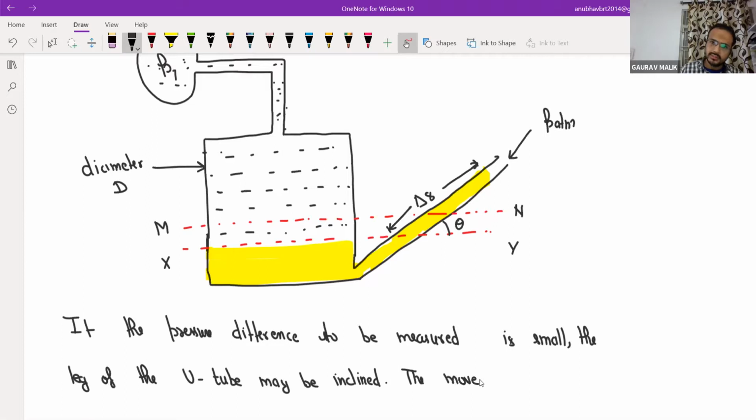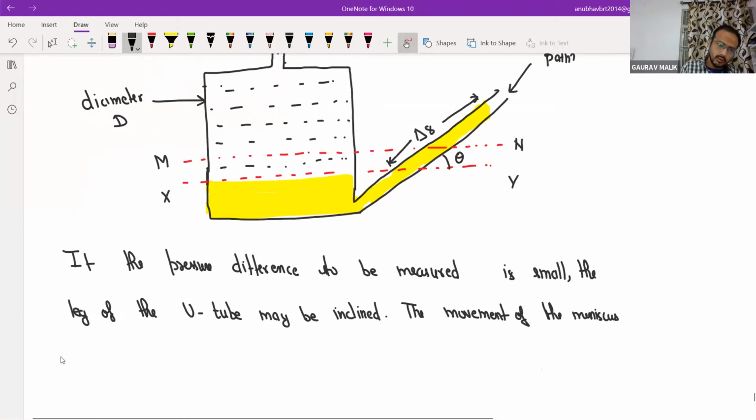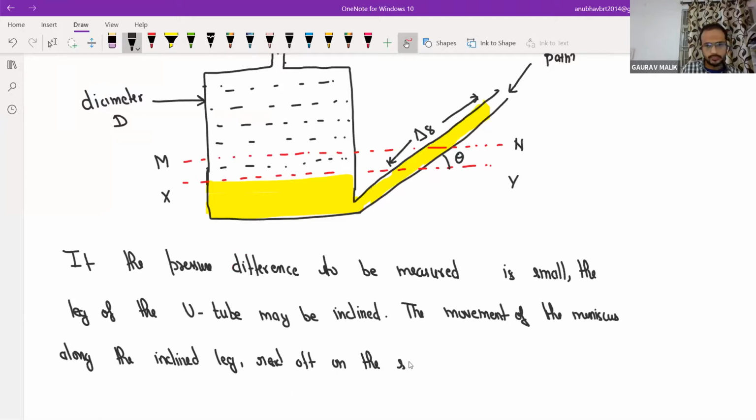And the movement of meniscus along the inclined leg read off on the scale is considerably greater than the change in level delta H.